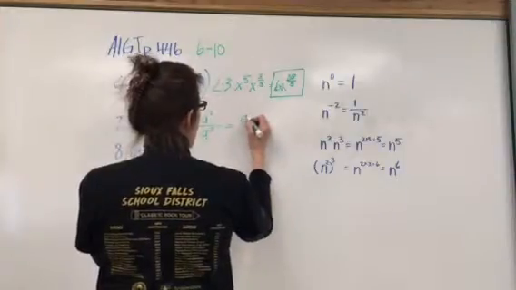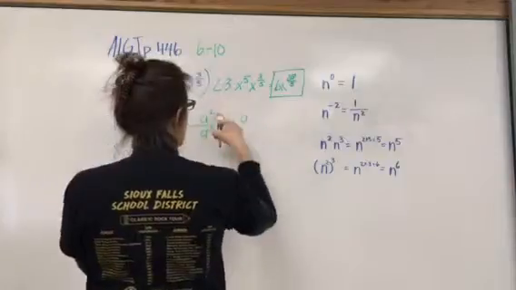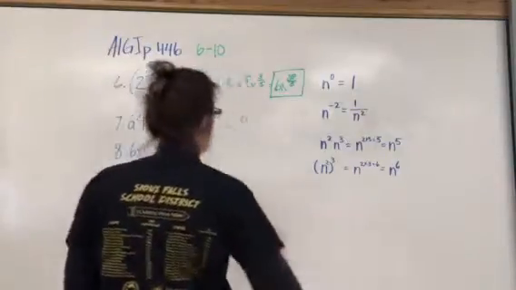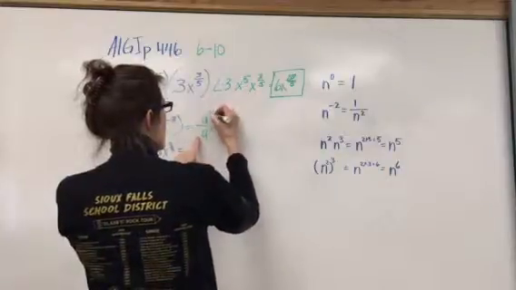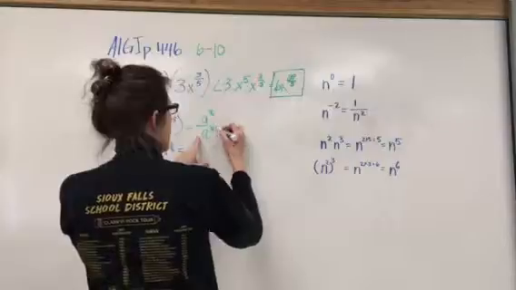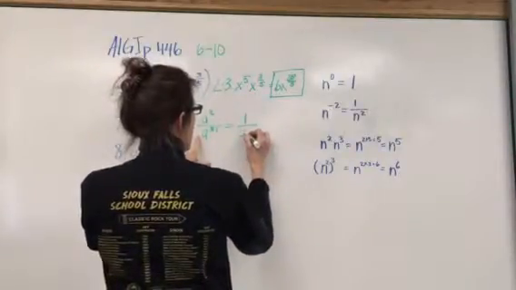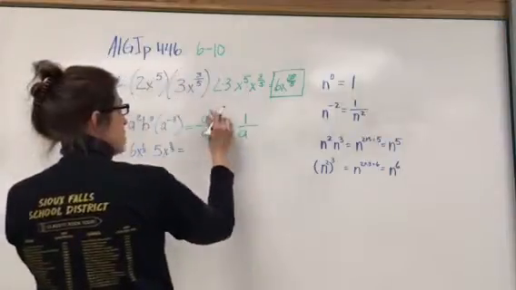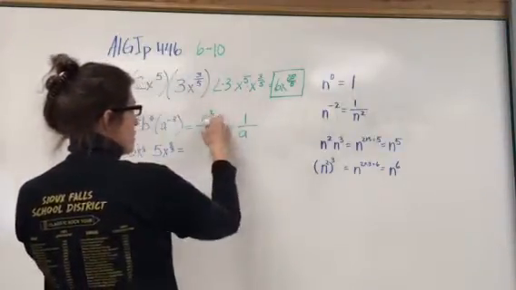There's 2 of the a's up here, so I can cross that off and leave 1. So basically it's just 1 over 1a, because this would be reduced down, or I take those a's off.